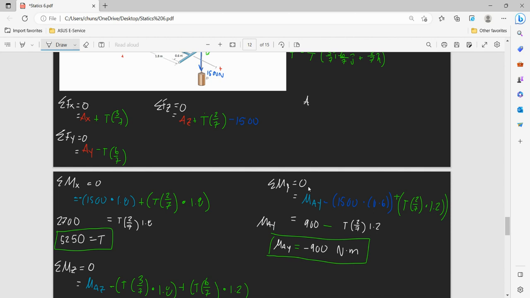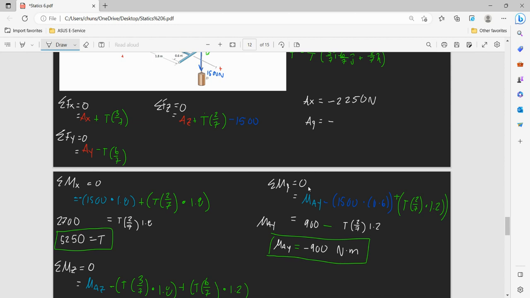So then AX is equal to, so then that's 5,250 times 3 over 7, and this is negative 2,250 newtons. AY is, so we move that to the other side, and this is times 6 over 7.